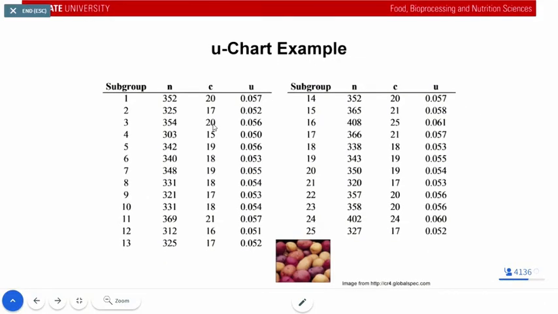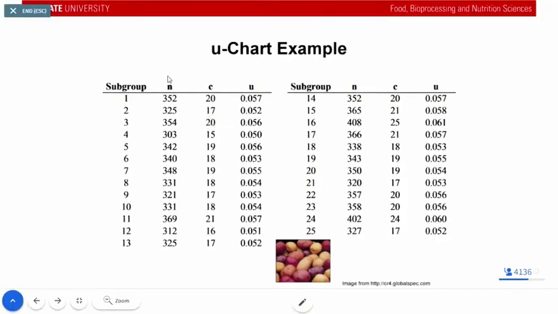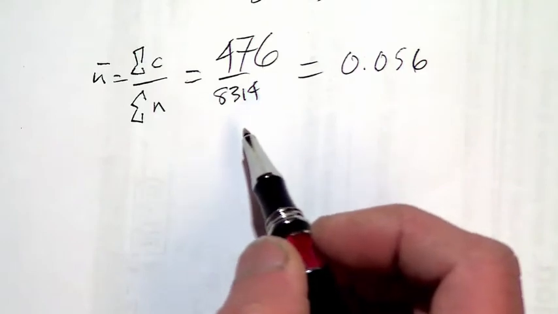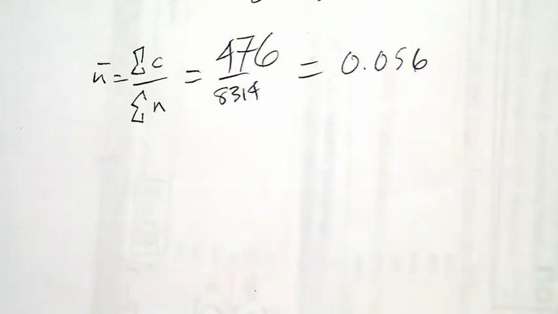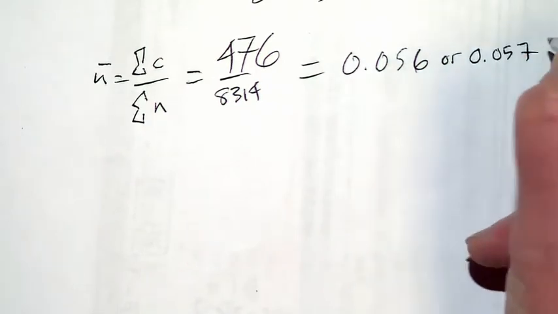And then for the sum of the n, we're going to add up all of these n's. 352 plus 325 plus 354 all the way down to 327. So what that looks like on paper is 476 divided by 8314 equals 0.056 or 0.057, depending on how that shakes out.